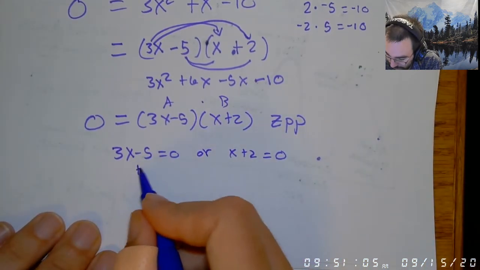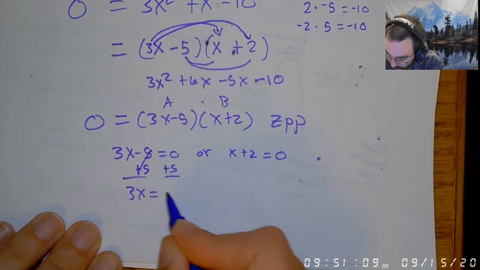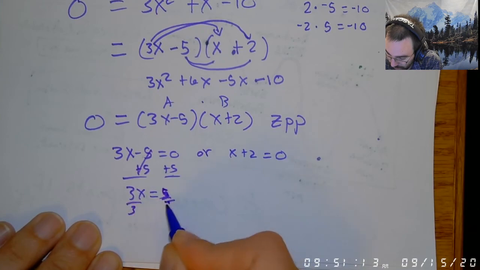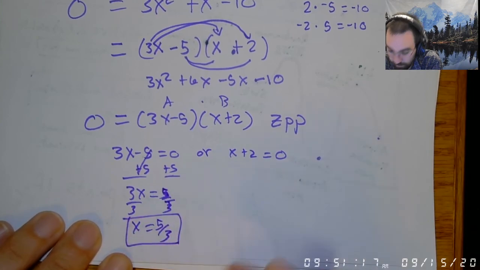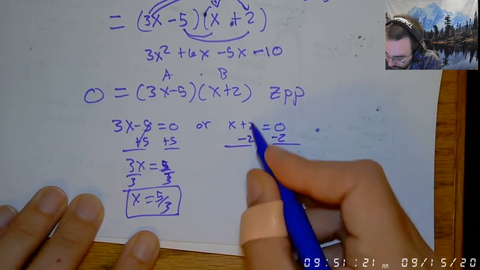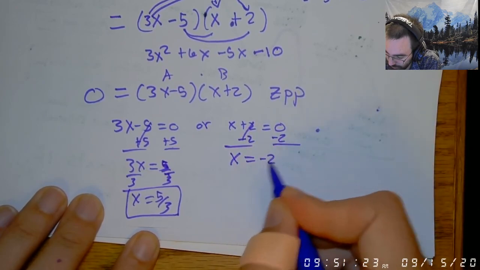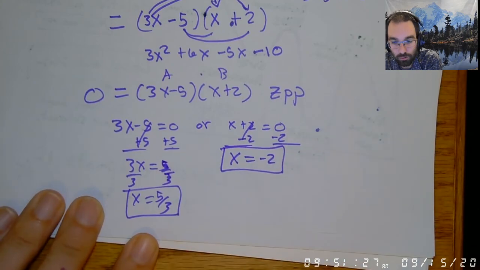Then I add 5, get 3x equals 5, and divide by 3, I get x equals 5 thirds. And then I subtract 2, I get x equals negative 2. So these would be my two solutions.